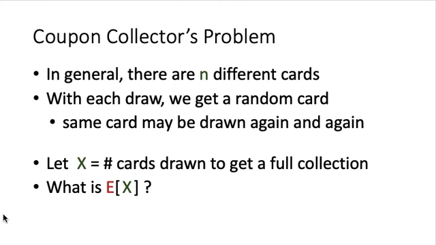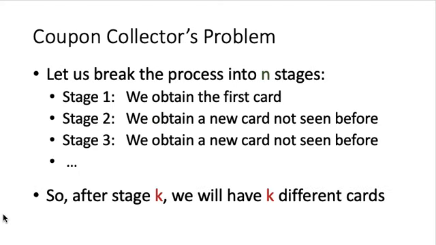Now this problem looks rather hard from the beginning, but in fact it is very simple if we are lucky enough to see the key point. The key point is that we break the whole lucky draw process into n stages.